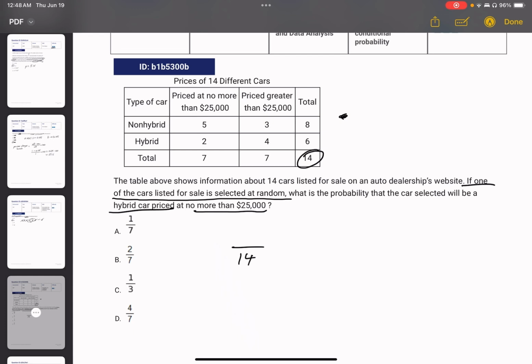So looking at our columns, we need to find the intersection of these two categories. Priced no more than 25 grand would be this column, and then a hybrid would be this column. And then this is the only value that meets both of those criteria. And then we simplify this fraction to 1 over 7. And this is the probability of selecting a car that is hybrid and no more than 25 grand, which is answer A.